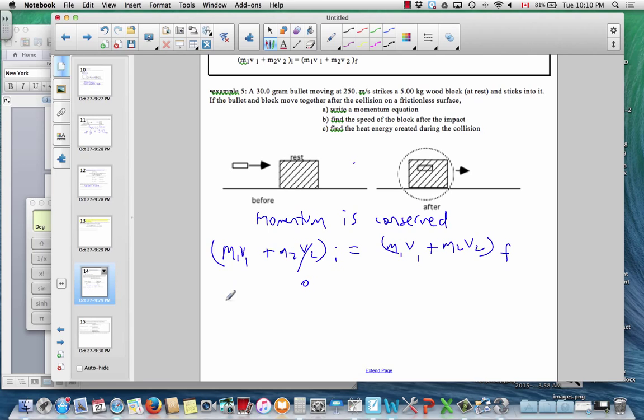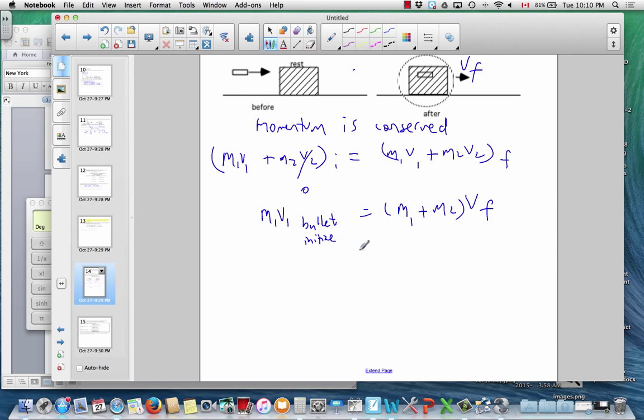And so this is going to be the mass of the bullet and its initial speed. And then after, they're both moving together. And as a result, the two speeds are the same at the end, so we can factor it out, and we can find this unknown final speed.